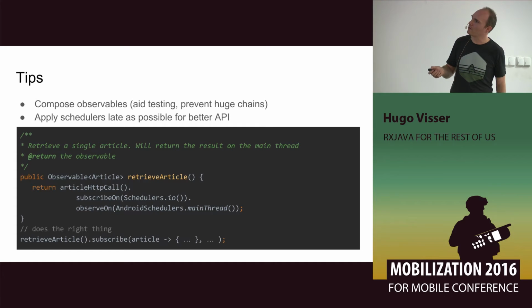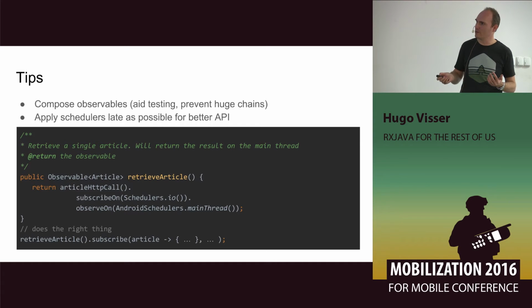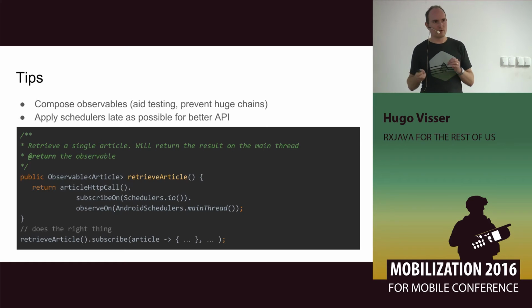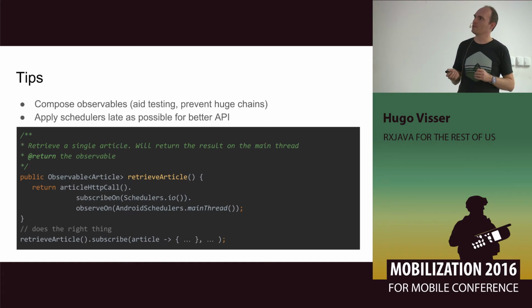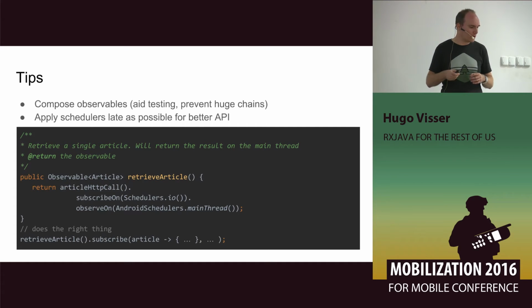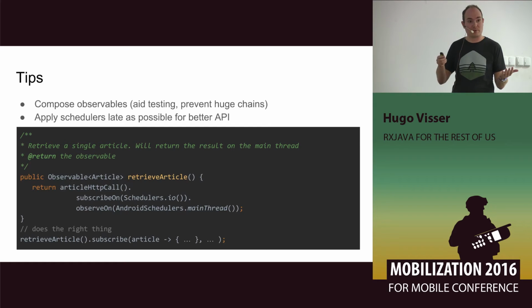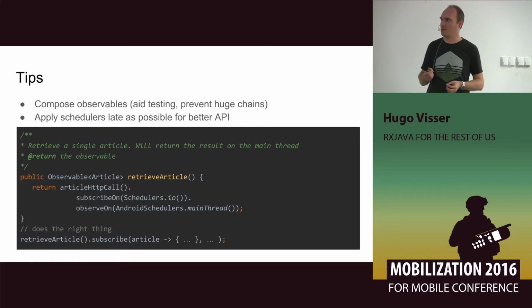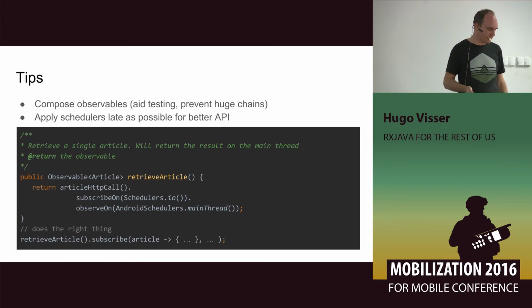So you probably want to do something like this, where you already make sure that it's returning on the correct thread, and then somewhere else in your app, you don't have to do the whole subscribeOn, observeOn dance every time. It makes your code a little bit more readable, and makes it easy to change the schedulers if you change your mind. So if you finally think, well, should it be IO threads, should it be something custom, you don't have to go in everywhere. You just apply it on your API.